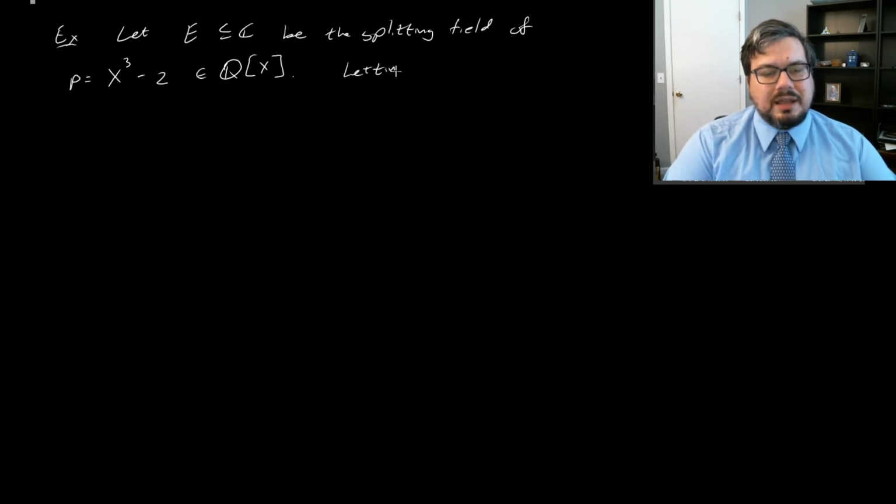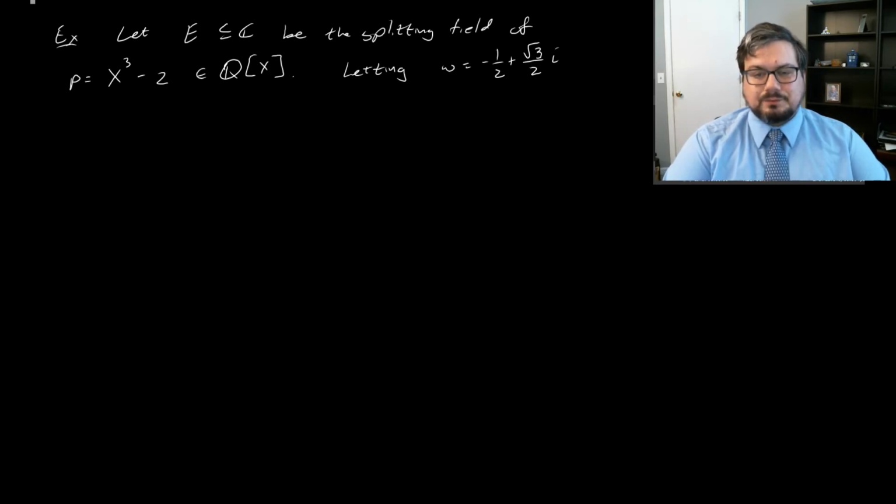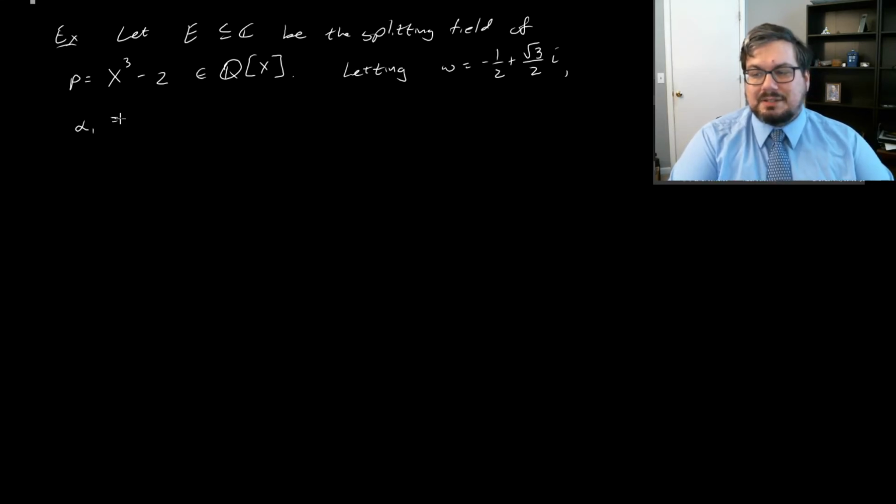So letting omega be the primitive third root of unity, which is negative 1/2 plus the square root of 3 over 2 i, we have the following three elements are roots of p.